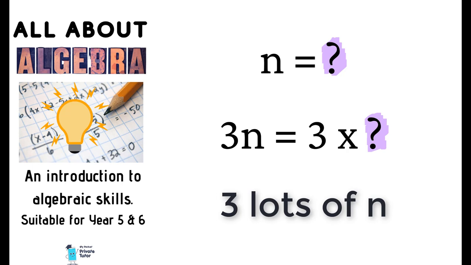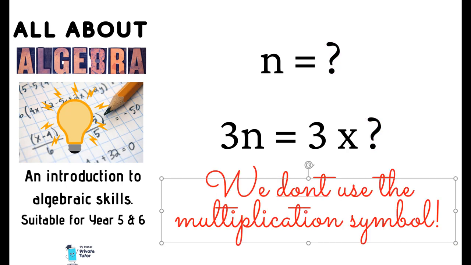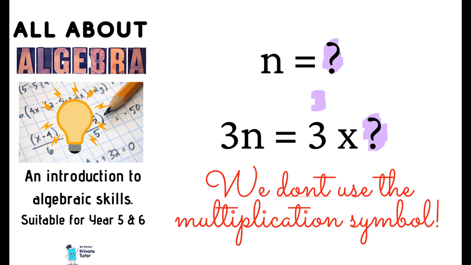Now in algebra, an important rule is that we don't use the multiplication symbol. So we don't write 3 times n, we write 3n. So 3n is basically like saying 3 times n, but we don't actually write 3 times n.